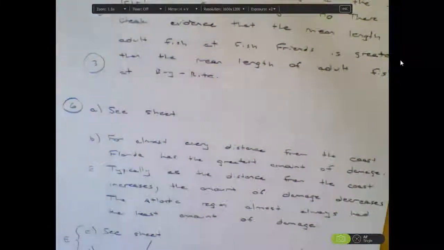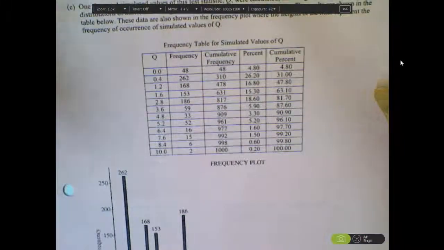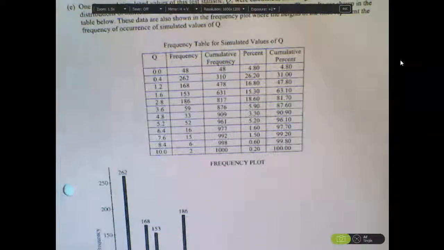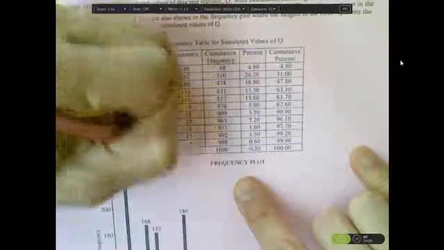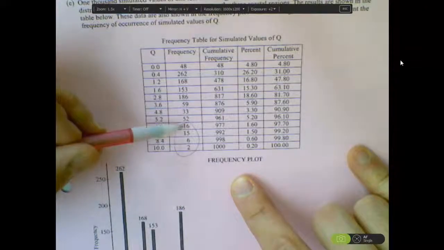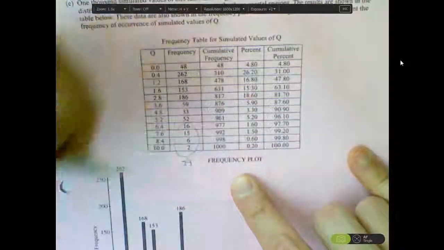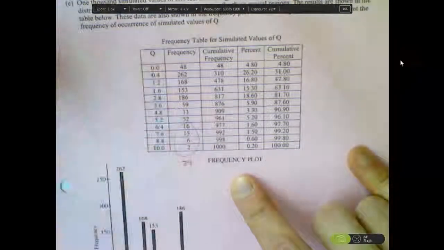So let me make some sense of that for you. First, you need to think about p-value in context. It's if the null is true, what's the probability you see something that or more extreme? Well, our test statistic was 6.4. So that or more extreme is going to be 6.4 or more. So if I sum those up, I get 39. So it happens 39 out of 1,000 times.